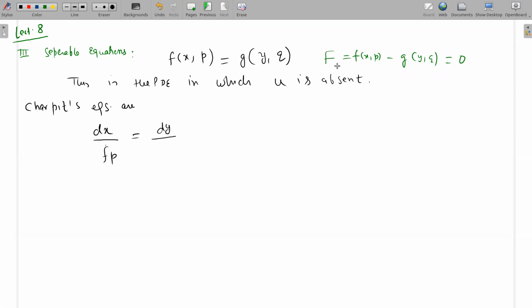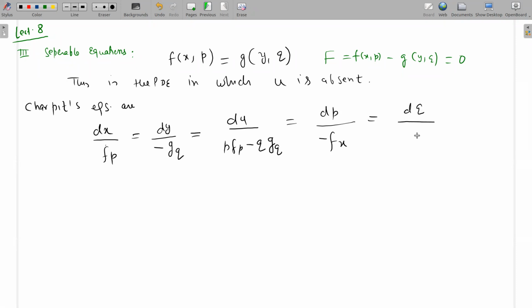Then dy: in the first, y is absent, so y is here, g q only, so what you got is minus g q. Then du: multiply the first by p and the second by q. Then dp, minus f x and minus p times f u. So there is no u directly, so the f u term will be 0. So dq, minus g y.